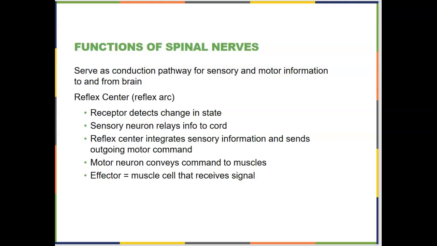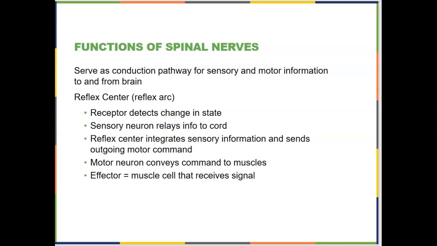The information comes into the spinal cord through the dorsal root, and your spinal cord says, hey, that's hot. It sends an immediate message to the ventral motor areas of the spinal cord saying, move your hand now. And it sends a signal up to the brain saying, hey, you touched something hot, so we helped you out here and moved the hand away. It's a faster way of getting the body out of harm's way.